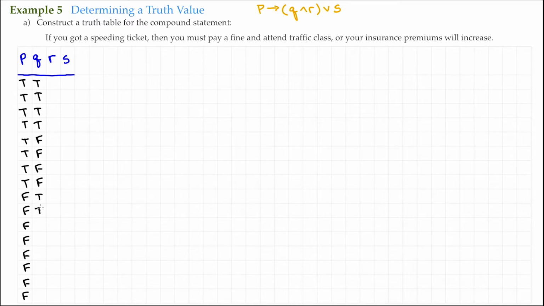And then we continue that pattern. For the next simple statement, we continue the pattern, except we cut it in half again. So there, the first 2 will be true, and the next 2 will be false. And once again, we continue that pattern.